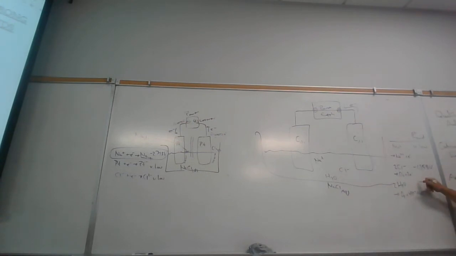And the oxidation potential for this is minus 1.229 volts. So which one has the highest oxidation potential? It would be the water. So over here at this electrode, I should be generating oxygen gas.